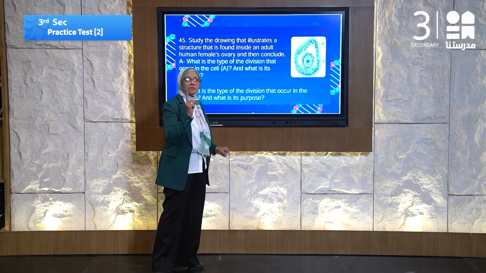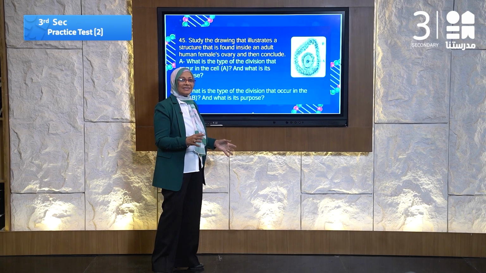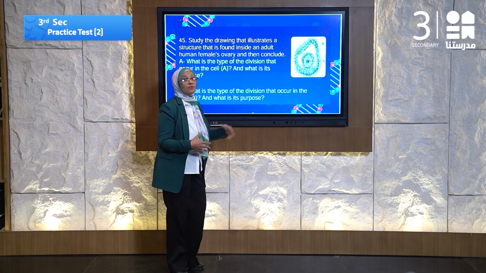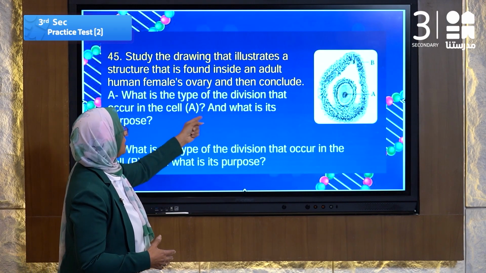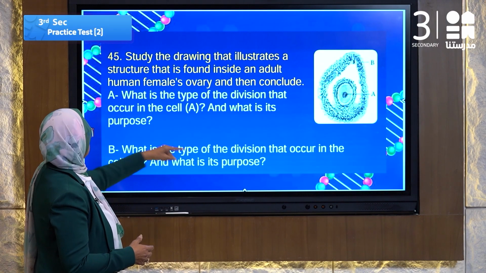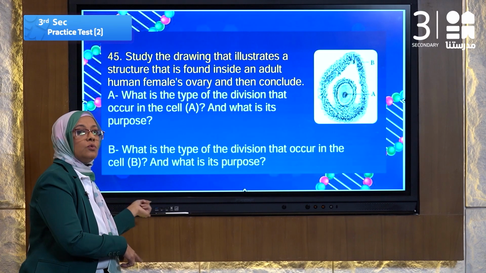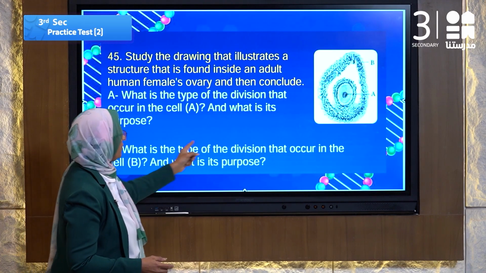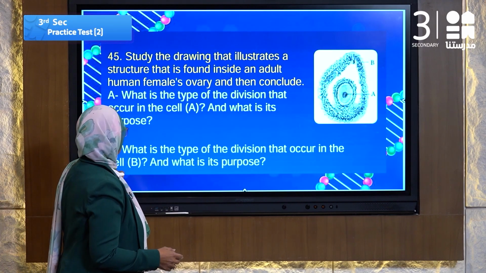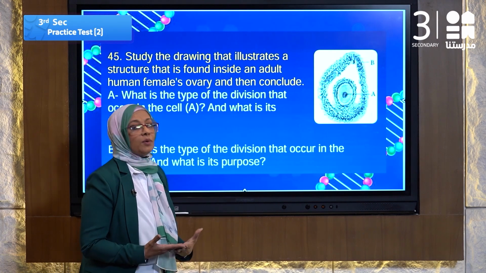A is one cell only, containing a number of chromosomes different from B. What is the type of division that occurs in cell A, and what is its purpose? And for B, what is the type of division that occurs in cell B, and what is its purpose? The first one is about A.